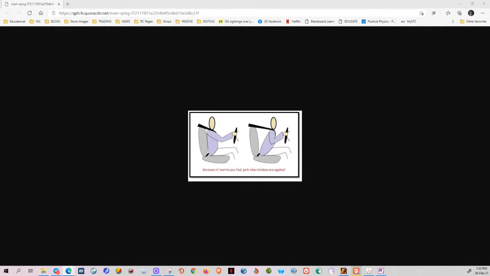Oh, yes, this is true also. When running over a big road bump or a hump, you suddenly hit the brake and you get pushed forward. That's why you have to wear a seatbelt, right? So this is the effect of inertia. Inertia is the tendency of an object, in this case the body, to continue its state of motion. So what is the state of motion of the body?